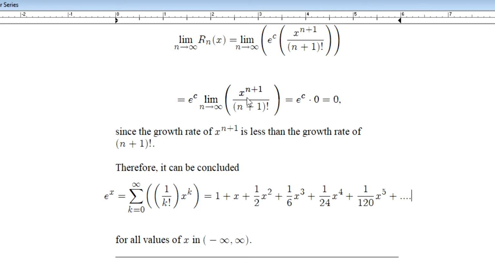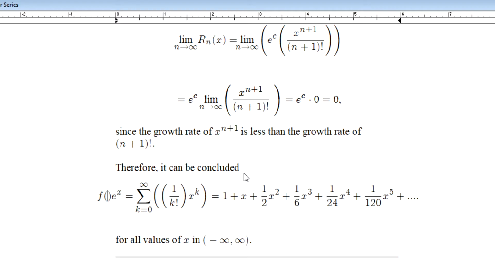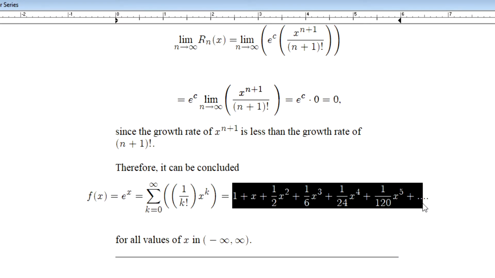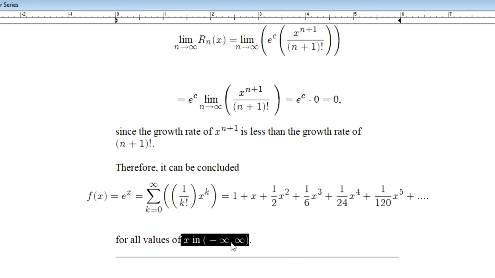All right. What this above result tells us about the remainder is that e to the x, that transcendental function f of x equal to e to the x, it must be equal to this infinitely long polynomial for all values of x in its interval of convergence. And notice here, it converges everywhere.